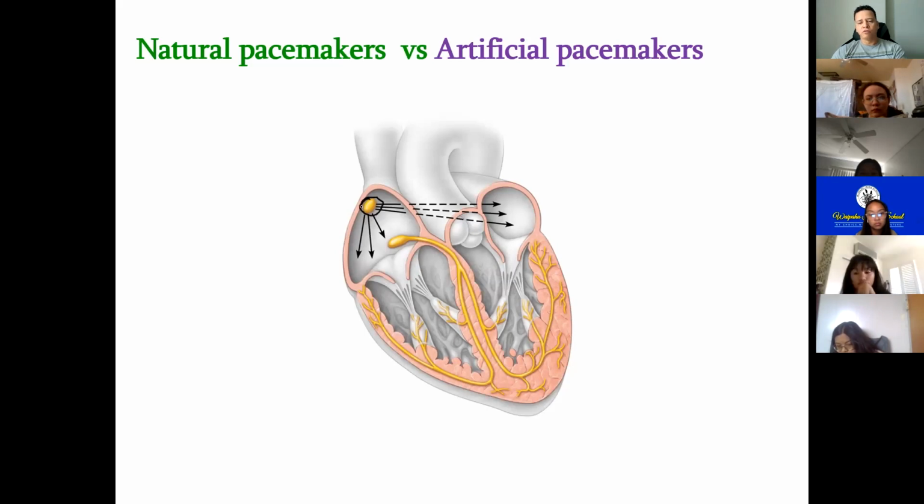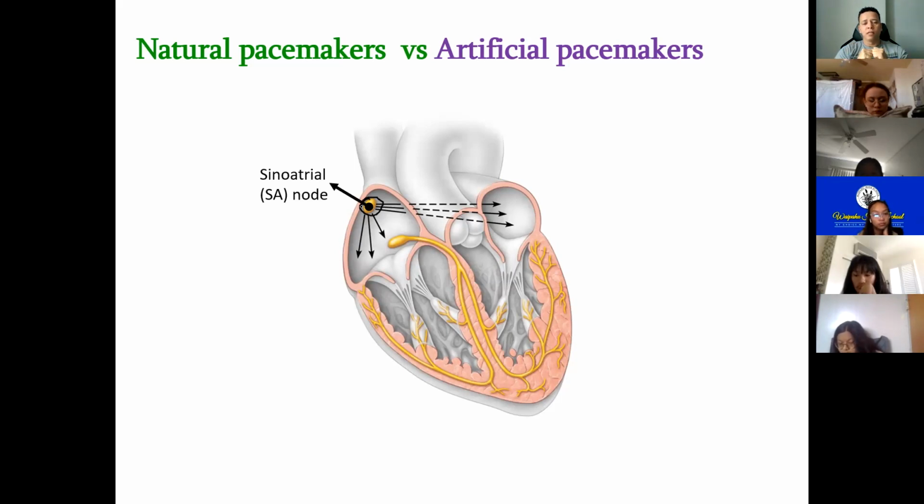This group of cells forms a node called the sinoatrial node, or the SA node. Now, the cells of the SA node are special because they have the capacity to generate their own action potential. They create, at a regular interval, their own action potential, electricity.